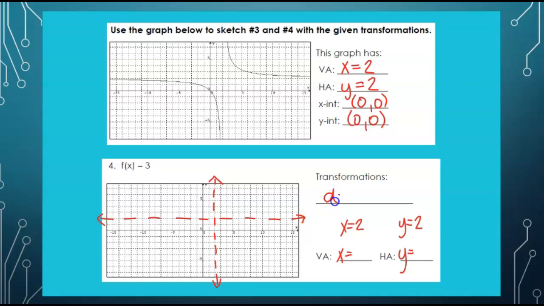Shifting down 3. Down 3 units. So raise your hand if you can tell me if the vertical or the horizontal asymptote is the one that's changing. Which one is changing? Jalen? Horizontal asymptote is being shifted down 3. Good. So I'm going to move down 1, 2, 3. This is the new horizontal asymptote. I no longer have the old one.